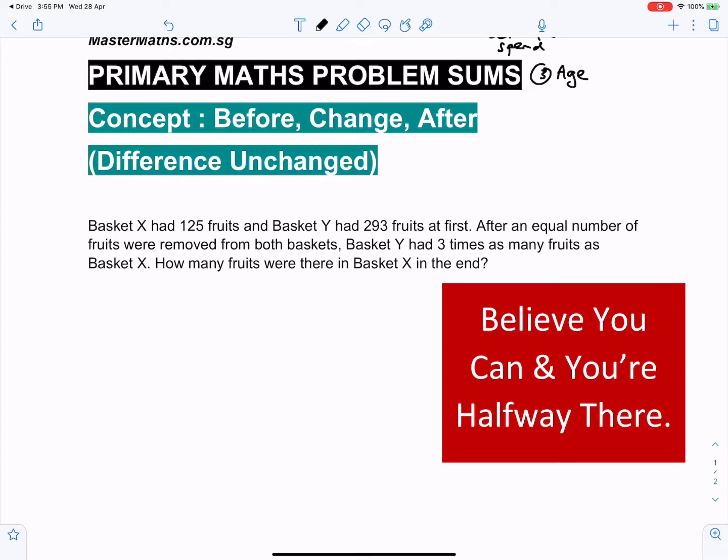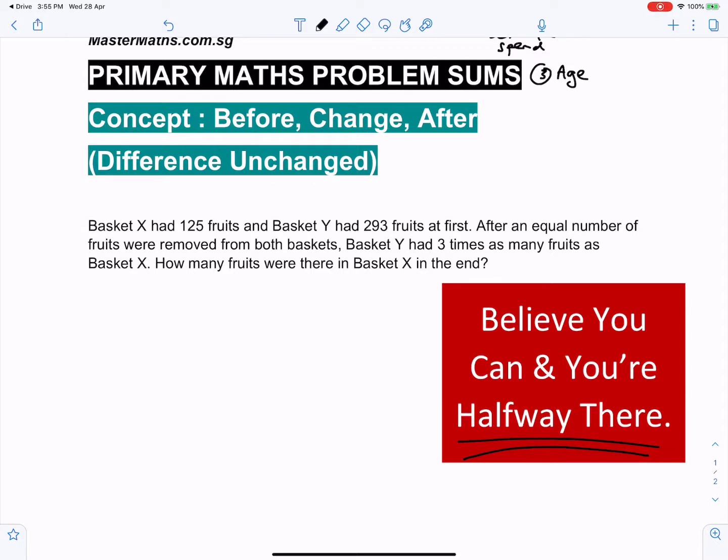The amount of time we have is also the same as everyone. And these days, information is everywhere. On the internet, you can find so much information. So you need to believe that you have enough resources, you have enough ability to achieve. And trust me, if you do that, you are already halfway there. The other half will of course depend on your efforts. So believe you can and you are halfway there.